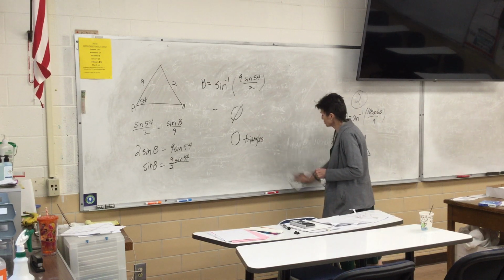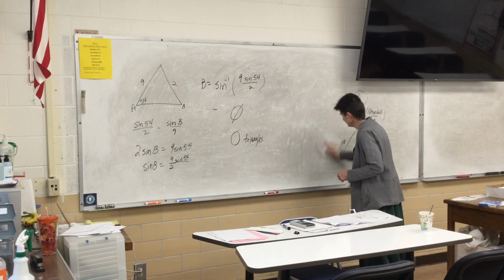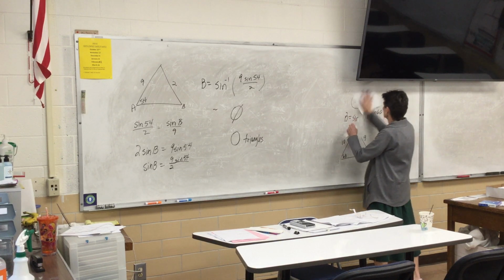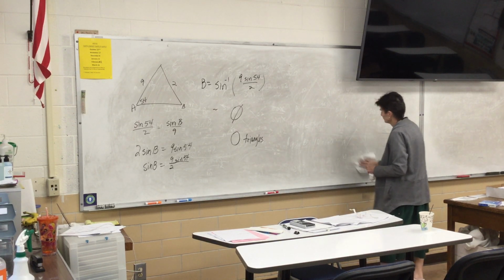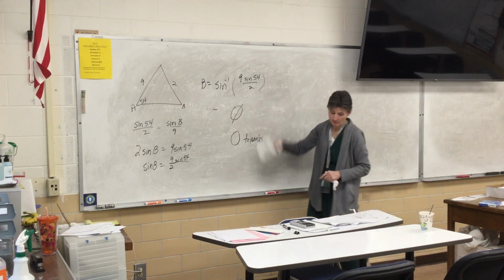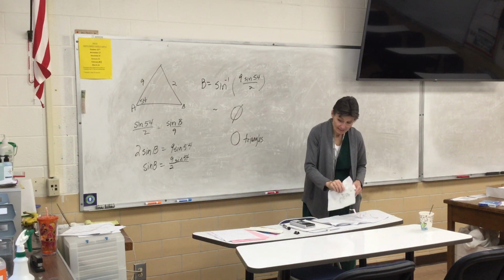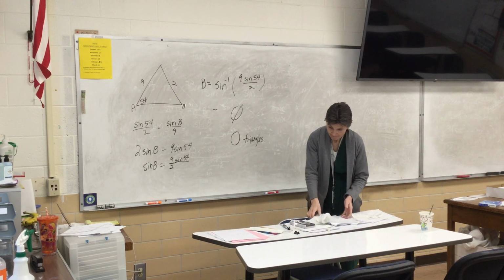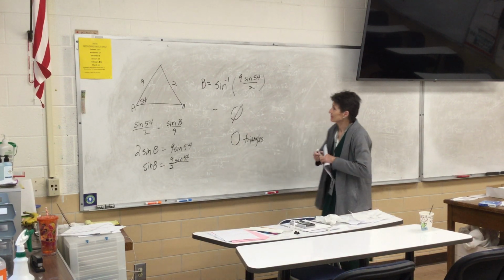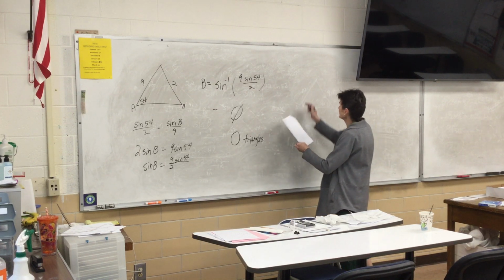So let the directions be a clue to you. How many triangles are possible? This is what you do. And when you get an error message, it means 0. No triangles possible. All right, time to move on. Let's look at the next one here.